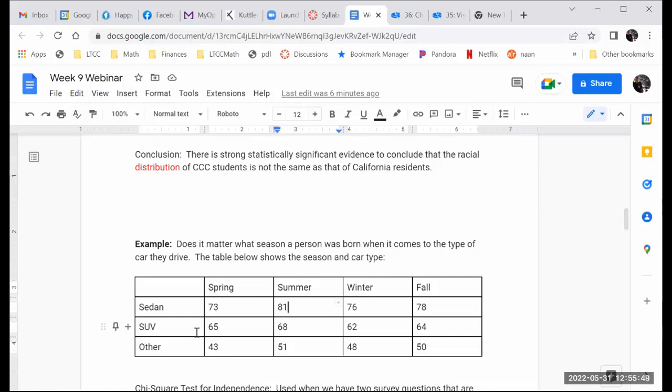But I want to be very careful. Next week, we're going to talk about correlation, so I want to specifically avoid that word. Instead, we're going to say, are the type of car you drive and the season you were born in independent or dependent? Does that make sense? Correlation is going to have a different meaning, and we're going to get there next week, I promise.